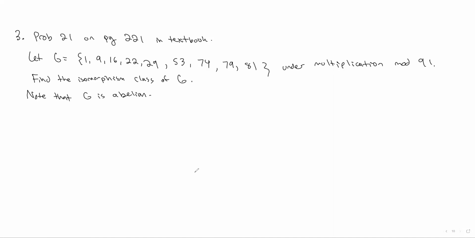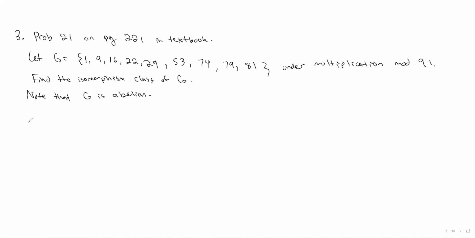Okay, so the first step is always to find the orders of the elements of G. Actually, no, first I'll say, since G has 9 elements, we already know it's either Z9 or Z3 plus Z3.